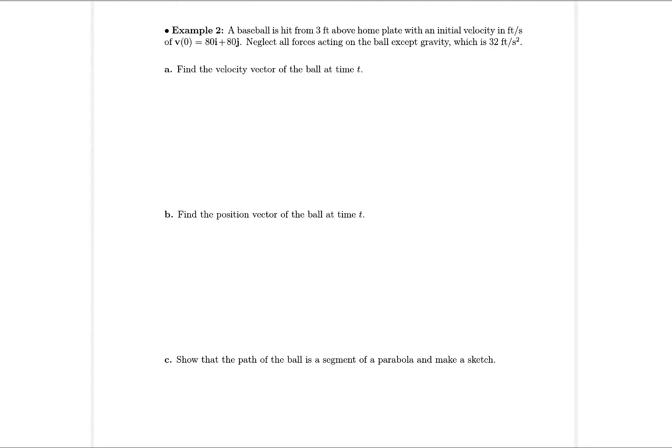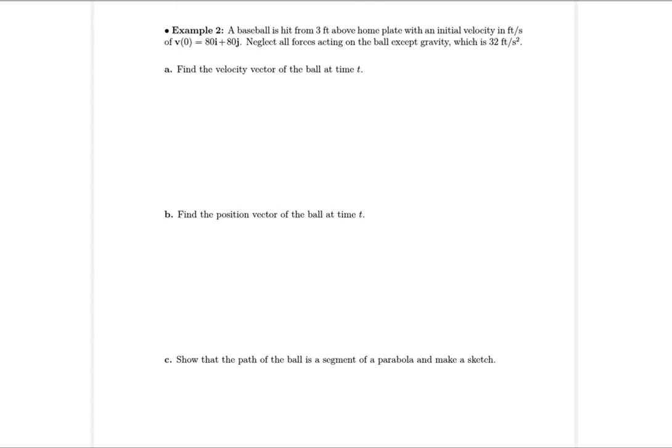All right, now gravity, like they said, is a force. Force is, remember, mass times acceleration. So when they're giving you information about force, they're really giving you information about acceleration.